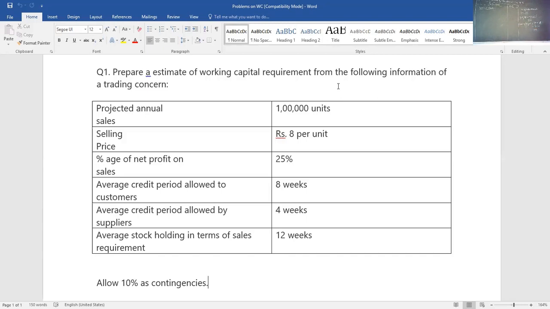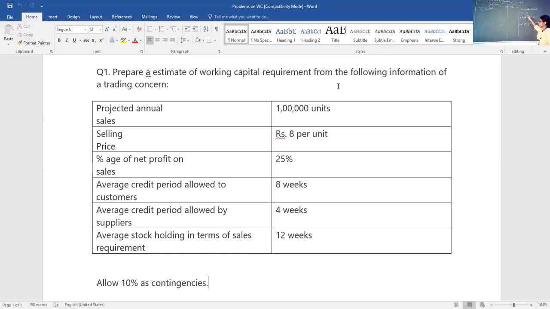Did you all understand? Again, I repeat, the number of units that the company is producing is 1 lakh units. Selling price is rupees 8 per unit. When you say selling price, it includes the cost of producing the product as well as a percentage of profit. But always remember, in order to prepare the estimated working capital requirement, profit is to be ignored. We are concerned only with the cost information.